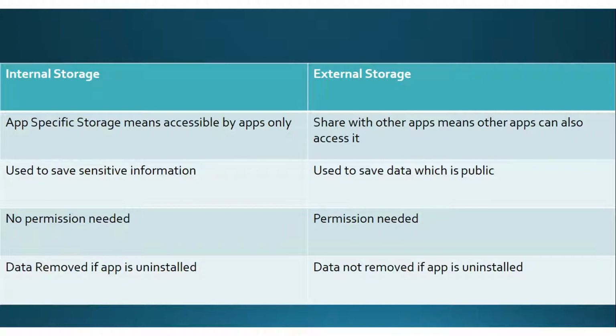We need those permissions from the user. Only if the permission is allowed can you read or write data on external storage. Also, in internal storage, if we uninstall our application the data gets removed, whereas in external storage it remains as it is even if we uninstall the application.